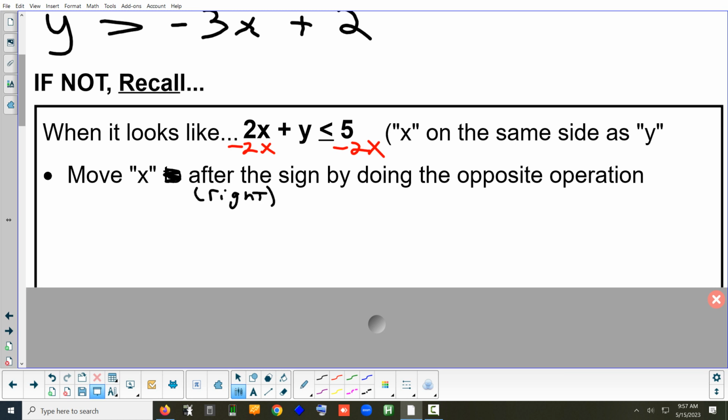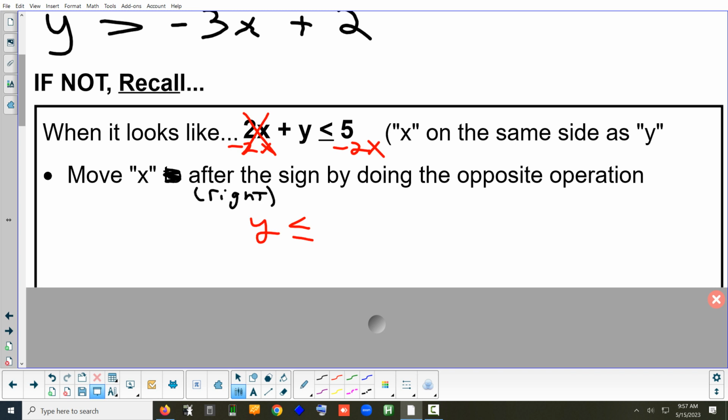It's going to move, yep. So what do I do on the left side? It's just y, right? The 2x minus 2x cancels out, and all you have now is y is less than or equal to.